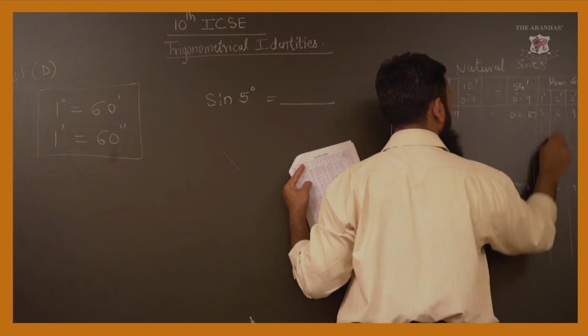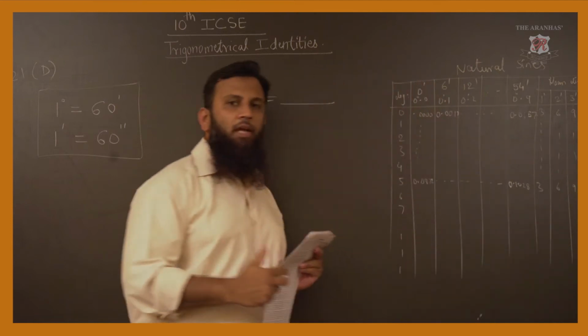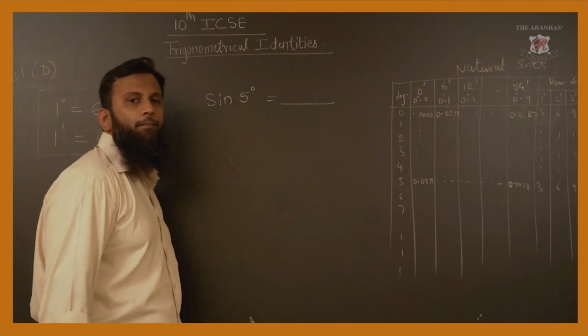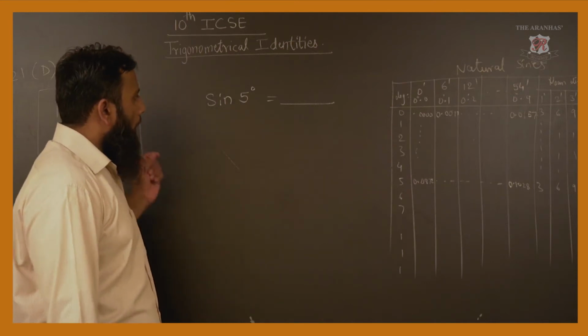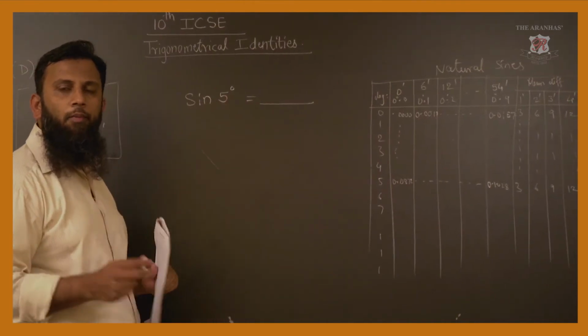And like that here many values will be there. So the layout of the table is in this manner. Now the question arises, how to read sine 5 degree in this case and what will be the value?